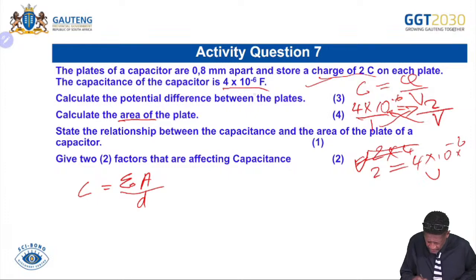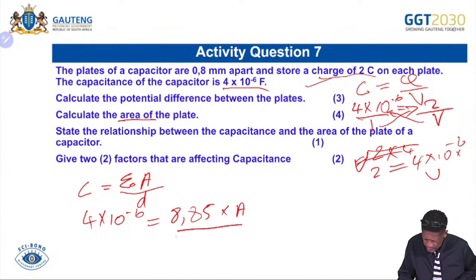You've got the capacitance, which is 4 times 10 exponent 6, equals permittivity, 8,85, times A over D. D we are given, it is going to be 0,00 something, isn't it? We are going to convert this to 0,08, if I'm correct, right?